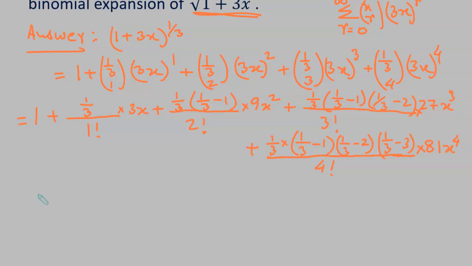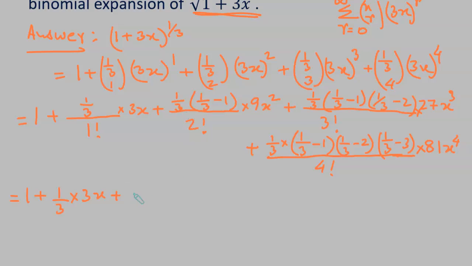So this is equal to 1 plus 1/3 times 3x. This one is plus, 1/3 minus 1, which is 1/3 minus 3 over 3, and that is minus 2/3.